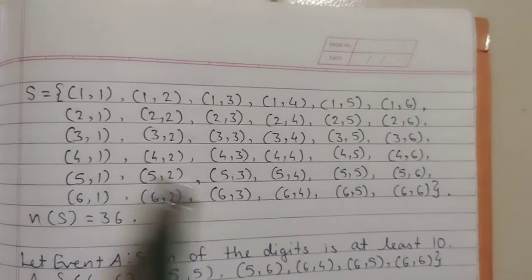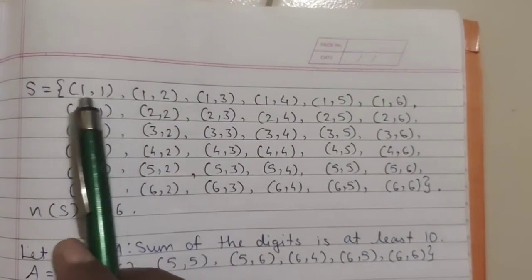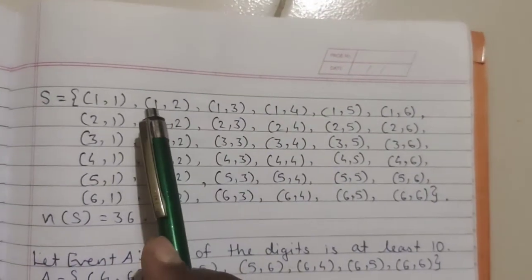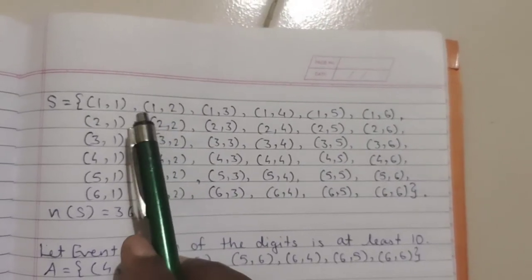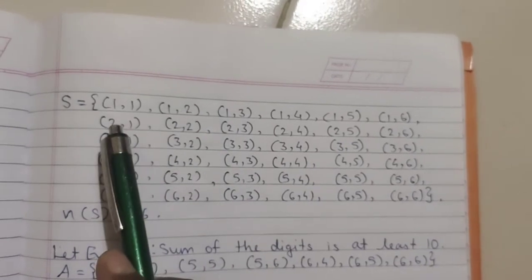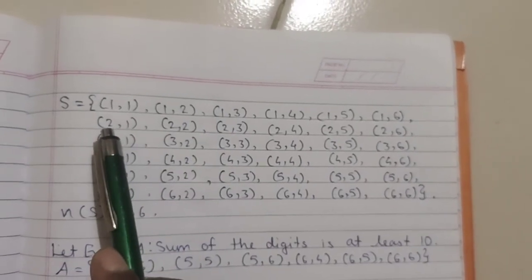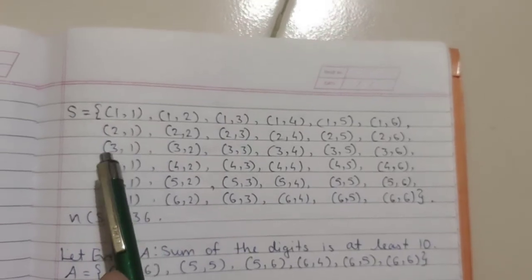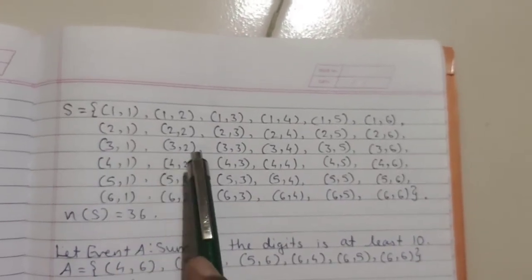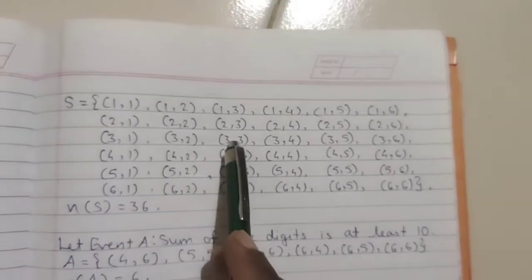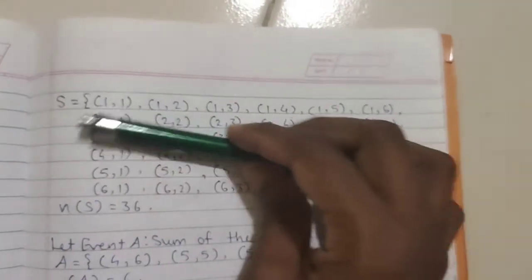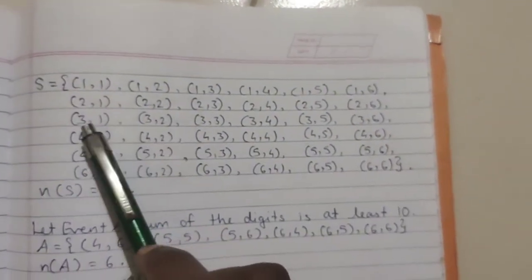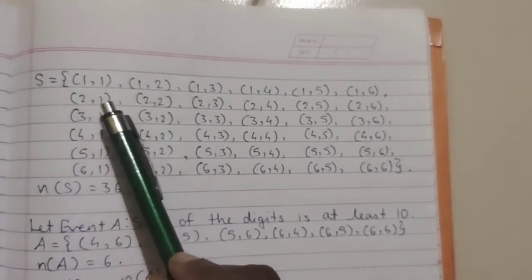Now see here. Here both the dice numbers are the same. Here your first die is less and second die is more, and you want only those where the first die is more and the second die is less. So this will come, 2 1. Here you can see first die is more, second die is less. 3 1 will also come, 3 2 will also come. Below the diagonal 1 1, 2 2, 3 3, 4 4, 5 5, 6 6, all will come, because in all those cases the first number is greater than the second number.